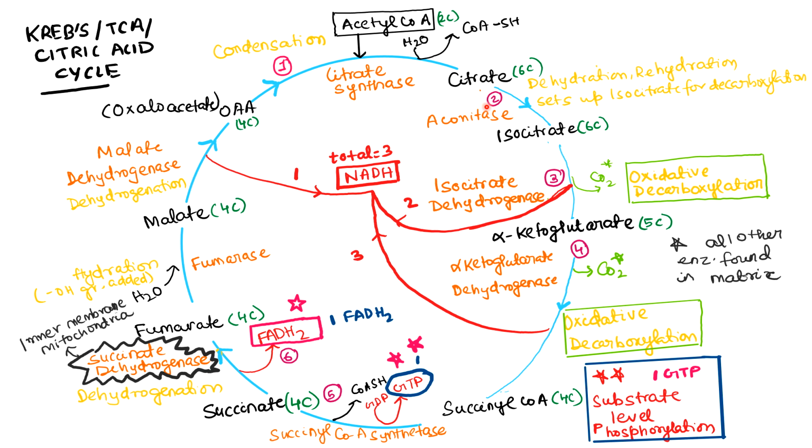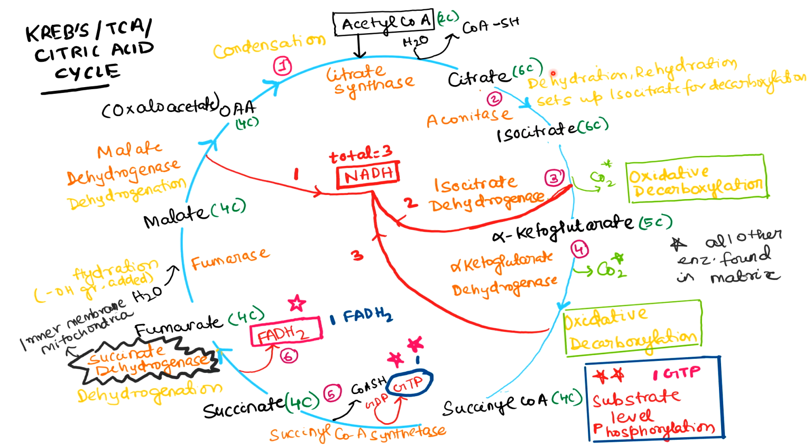In step number 2 of Krebs cycle, citrate is getting isomerized to isocitrate, which are both 6-carbon compounds. Now, the enzyme catalyzing it is aconitase, and it causes a dehydration step first, that is removal of hydroxyl group, and subsequently a reattachment of hydroxyl group takes place, leading to the formation of isocitrate.